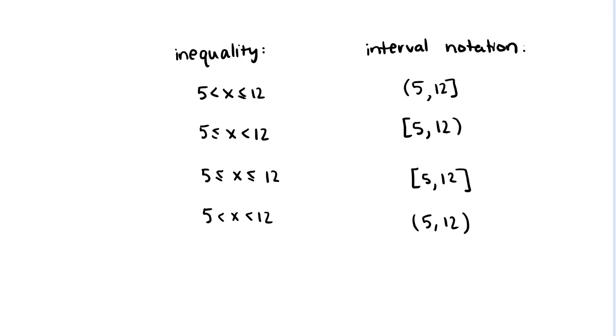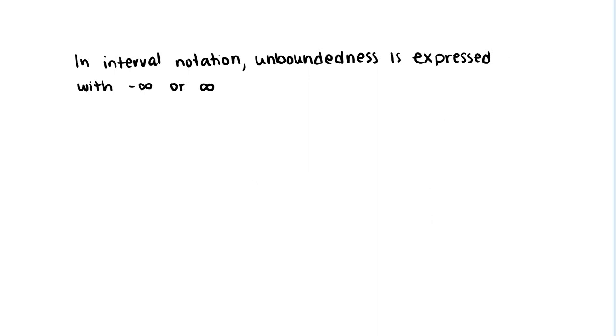So, we can often write other types of continuous sets of numbers. In interval notation, sometimes we'll encounter this idea of unboundedness, right? We might have something like the inequality x is less than or equal to 5. This is saying all the numbers smaller than 5.